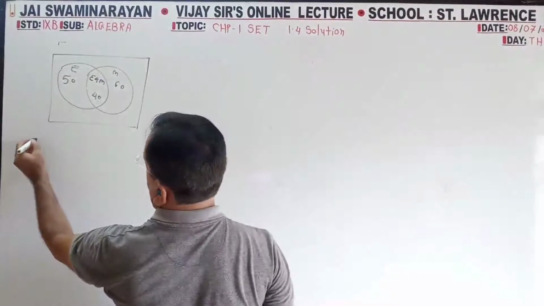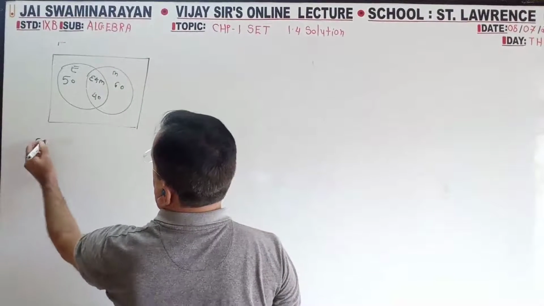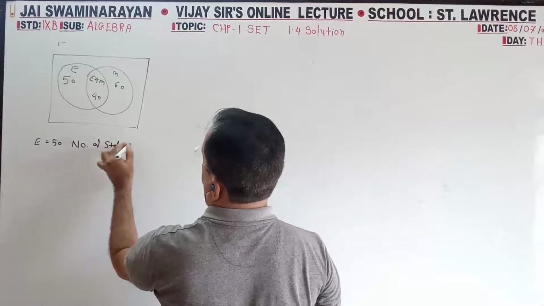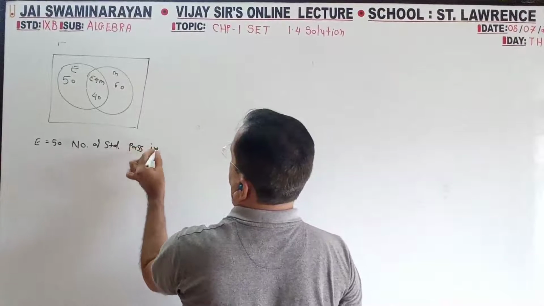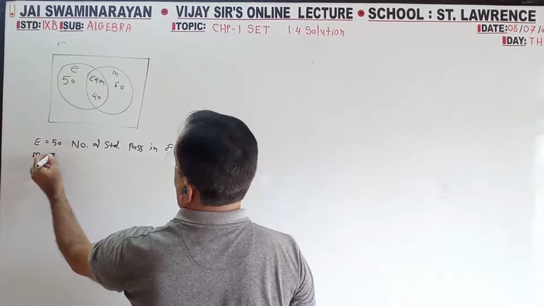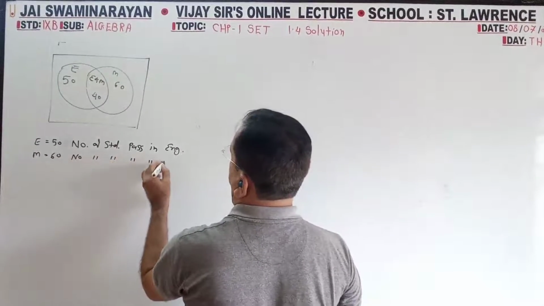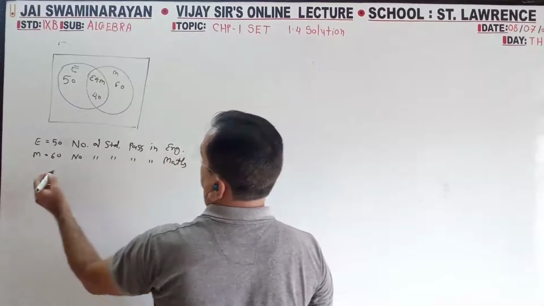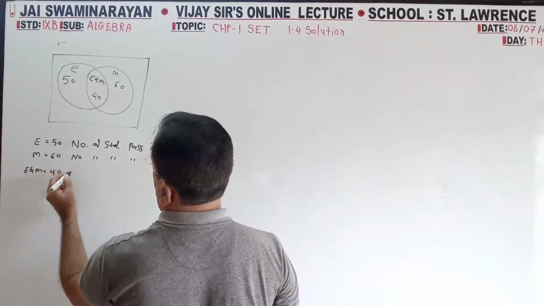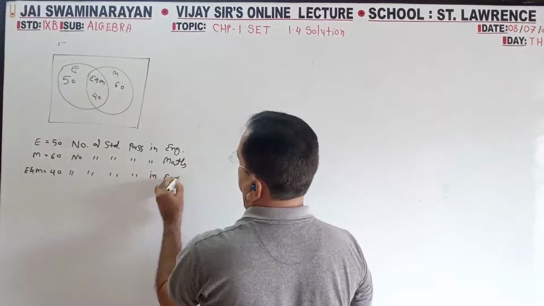So 50 is the number of students passing in English, 60 the number of students passing in maths, but 40 is the number of students passing in English and maths.